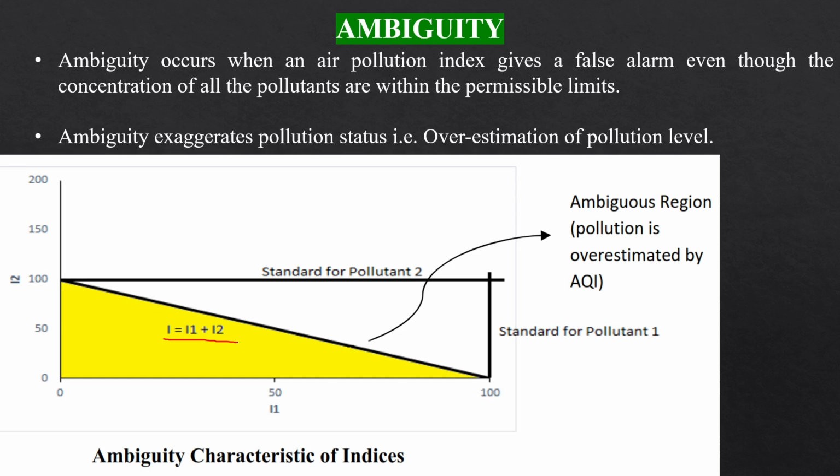Now if I1 is 70 and I2 is also 70, the total I would be 140, which indicates that pollution standards are violated, but actually both are within the limit. So it overestimates the pollution level. This is called ambiguity.